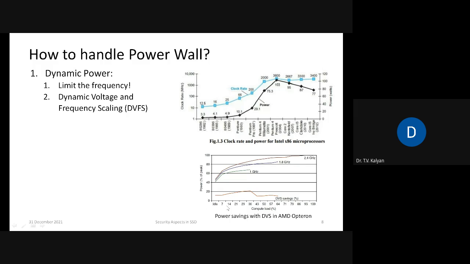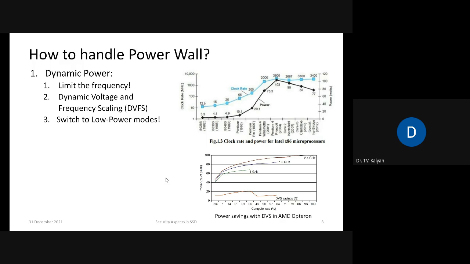On the x-axis, we have the load on the processor, the different lines stand for different frequencies, and on the y-axis we have the power consumption, right? This is a demonstration of how DVFS would give the benefit. Based on the load, when we scale the frequency from 2.4 to 1.8 to 1 gigahertz, we have some savings in the power.